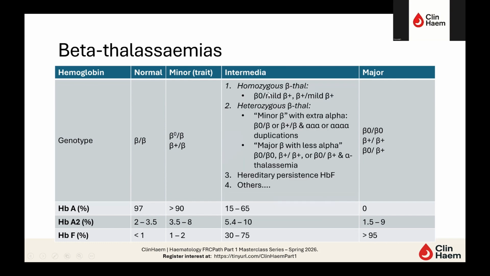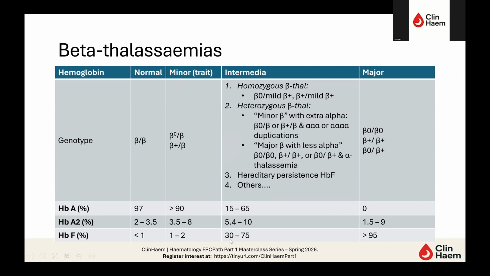Now in between is intermedia, a mix and match of these two. As the name suggests, they are not normal, but they're not too abnormal, like they're not major. And the HbA would be in a range of 15 to 65%.